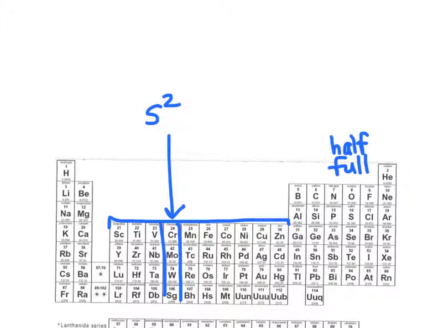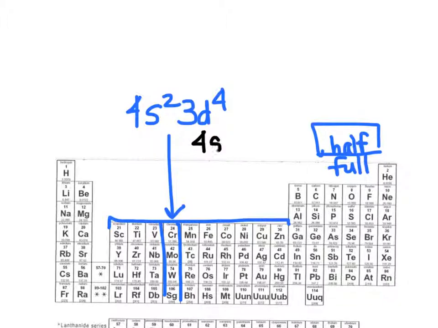For example, chromium should end with 4s2, 3d4. What we've discovered is because of this rule that D tends to want to be half full, it will actually steal one from S, and we'll actually end up with the real electron configuration of 4s1, 3d5.